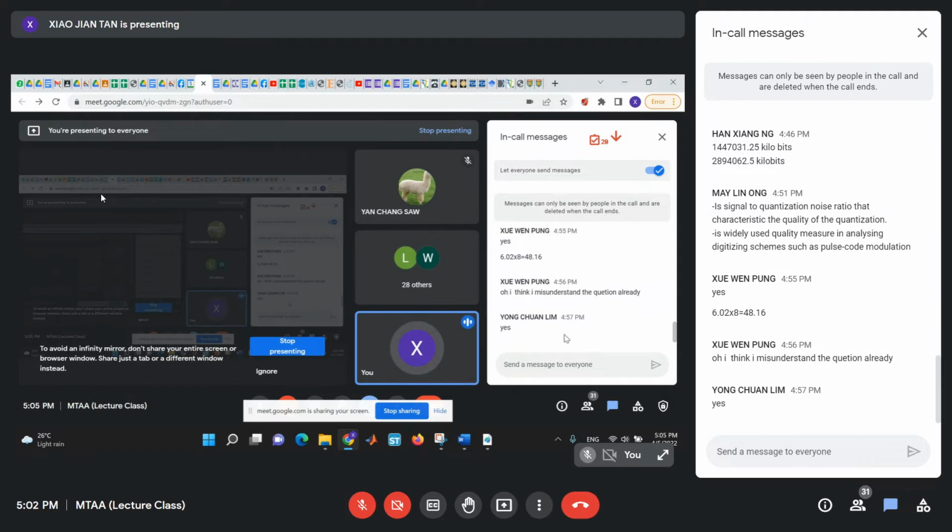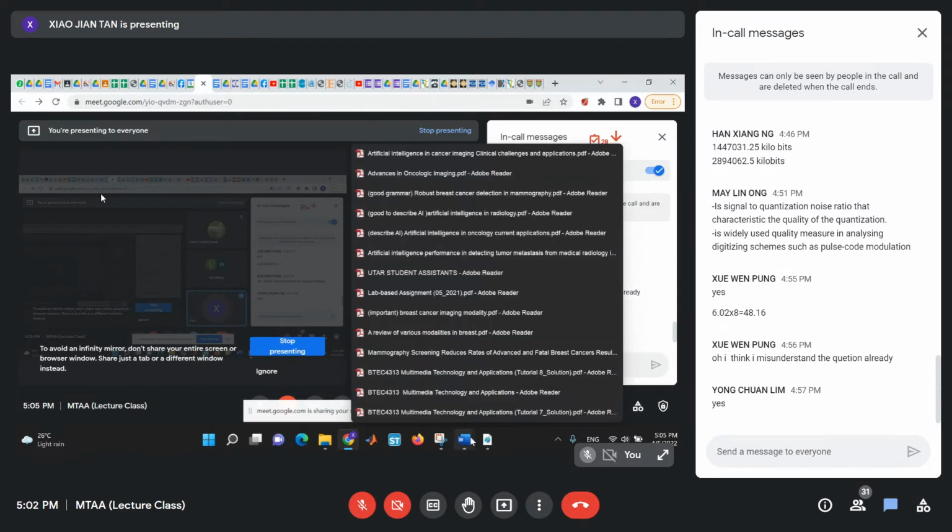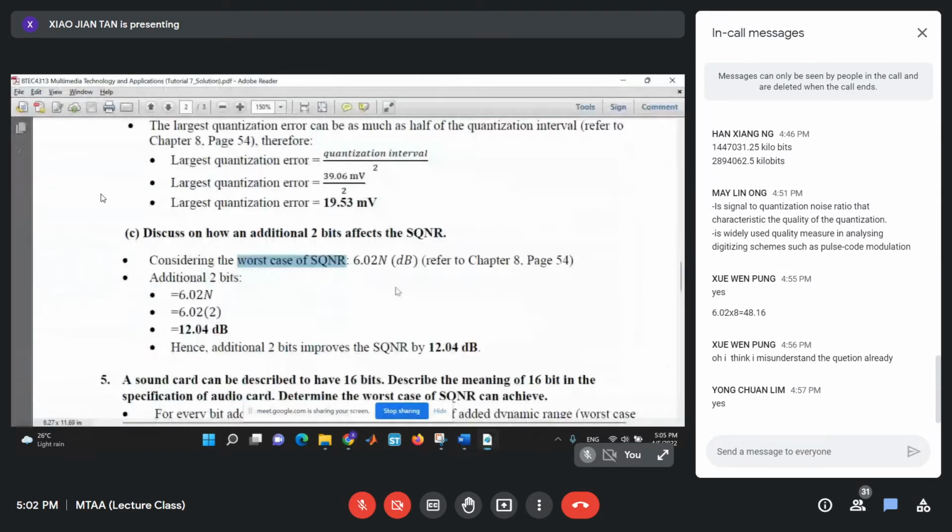Okay, so maximum the SQNR only corrupts up to 50% of the additional bits. So when you add in another 2 bits, you improve by this amount of dB. And if the SQNR noise is very low, then you will get better than this. Your value of improved bits will be better than this one. Okay, so this is what is meant by the additional 2 bits affecting the SQNR.